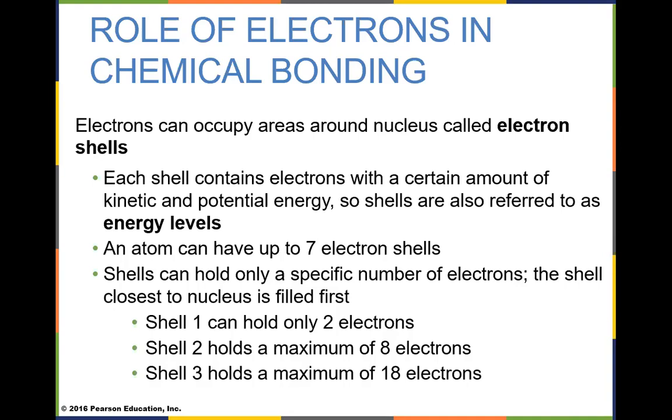It's either 8 or 18, but no more than 18 in the third shell. The only thing we talk about with the third shell is chlorine and sodium chloride. That's all we pay attention to in the third shell. So anyway, 2, 8, and 18. That's what you've got to remember from this slide. 2, 8, and 18, the first 3 shells or orbitals.